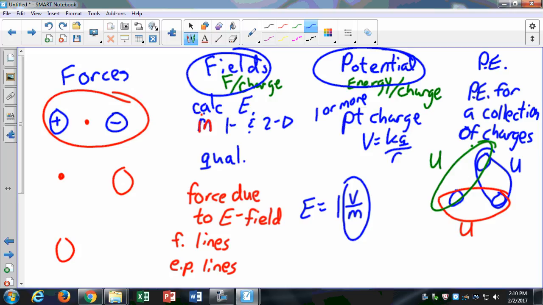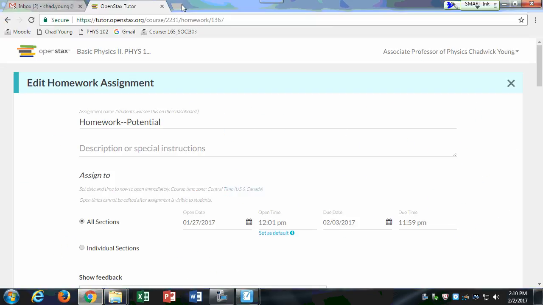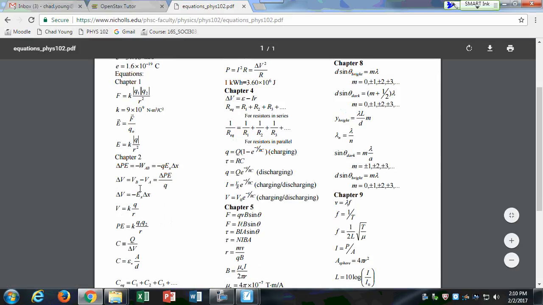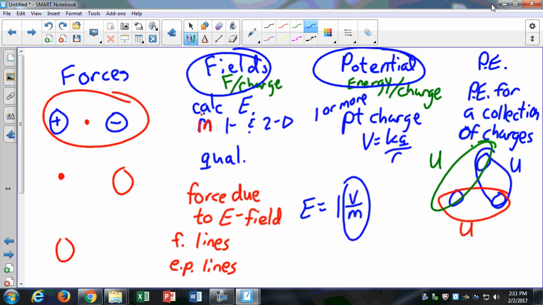So for example, on your equation sheet, I think it's on there, let's double check. Yeah, here it is, our potential is related to our electric field. V is equal to EX.